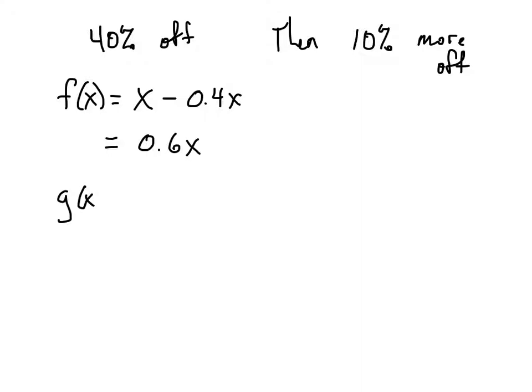Well, my g of x function is going to be that additional 10% off. So I take the price of the item minus 10%, which is then 90% of the item is what I'm paying.